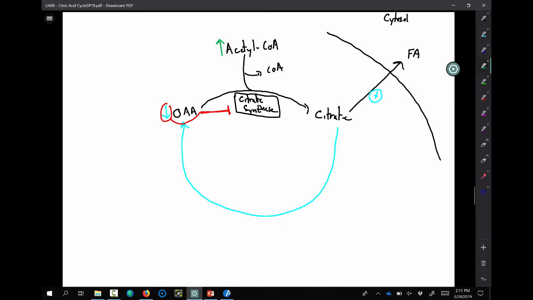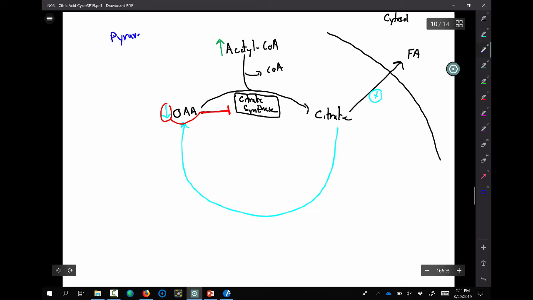Now, if we left it at that, that would be problematic to the cell. Because all of a sudden flux through the citric acid cycle would decrease, and even the capacity to make fatty acids will start to go down because you can't make citrate.